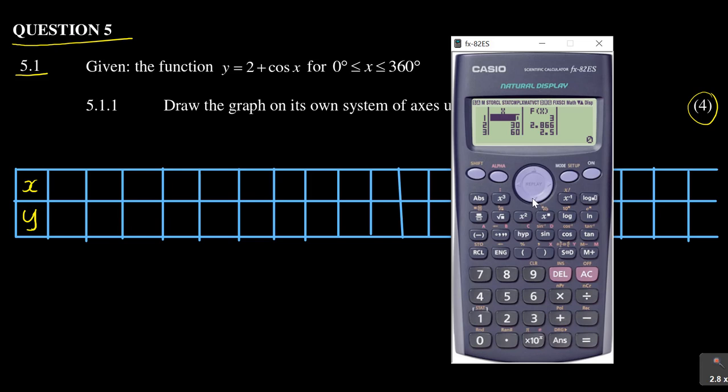As you can see, I've got 0 on the x values, 30, 60, 90, 120, 150, 180, 210, 240, 270, 300, 330, and 360.